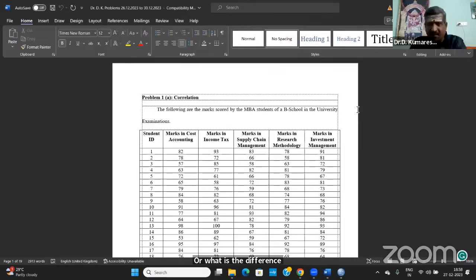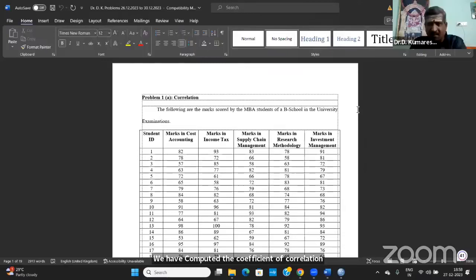Similarity: in both cases, the tool is applied to examine the relationship between two or more variables. What is the dissimilarity? In the case of correlation, we computed the coefficient of correlation.